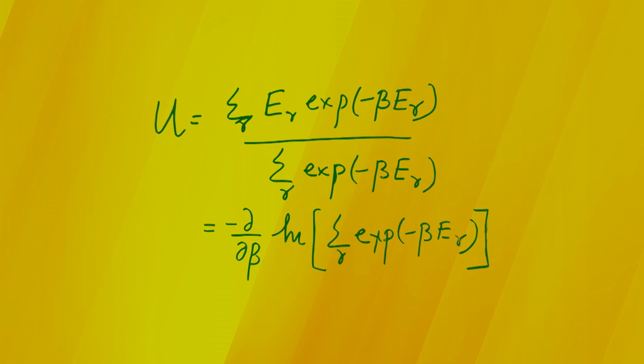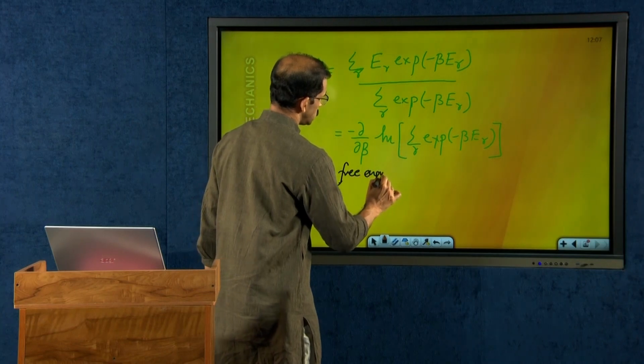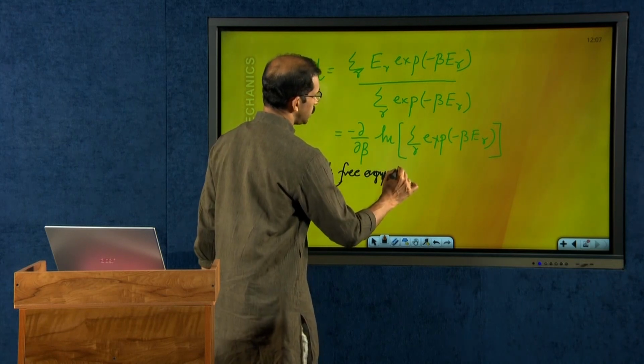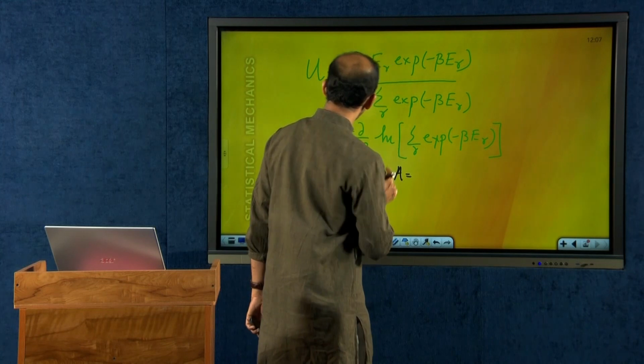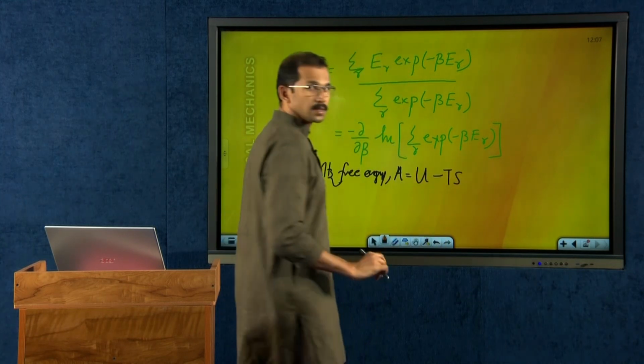In our derivation towards the expression for entropy, we know that the Helmholtz free energy A can be written in terms of U as A is equal to U minus TS, right.